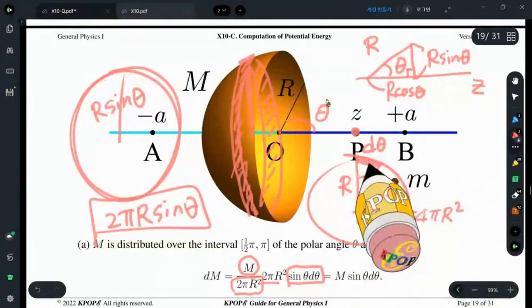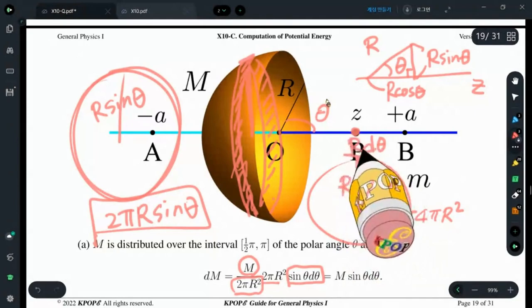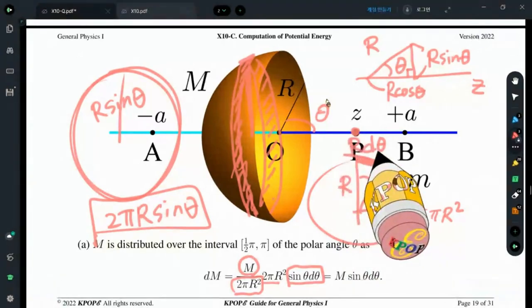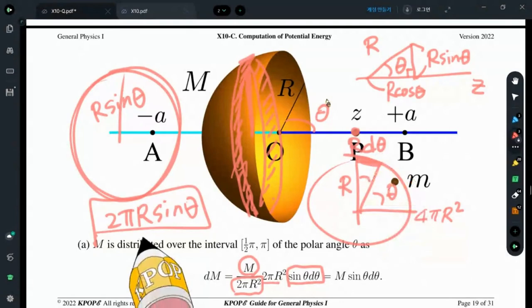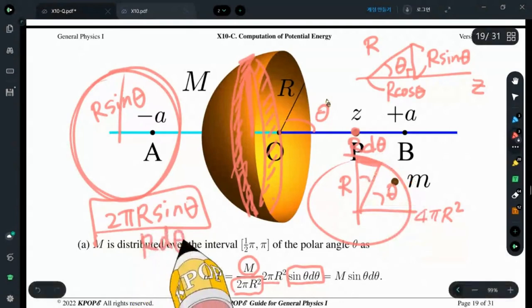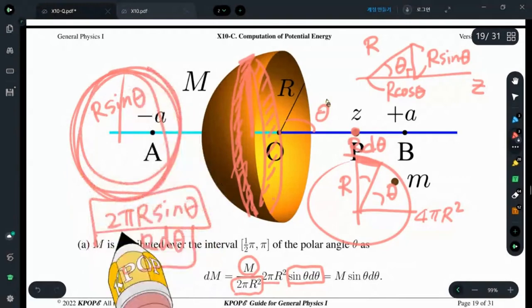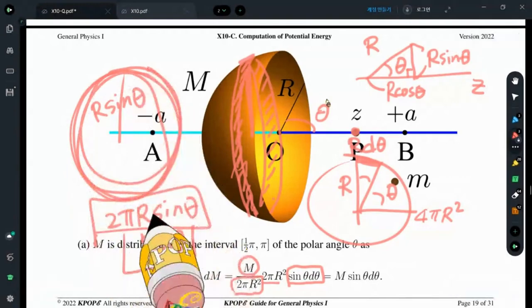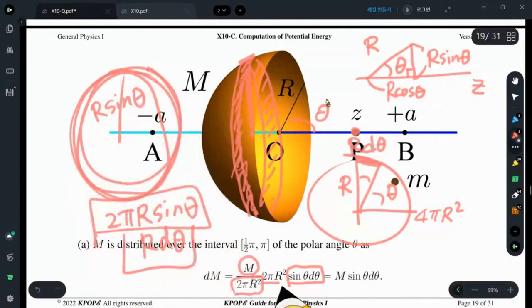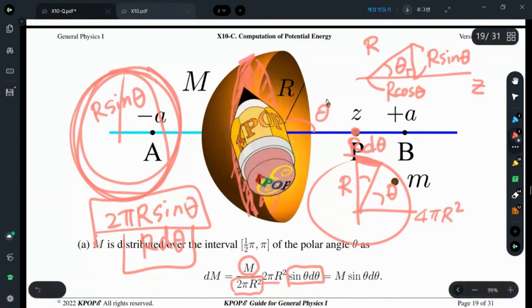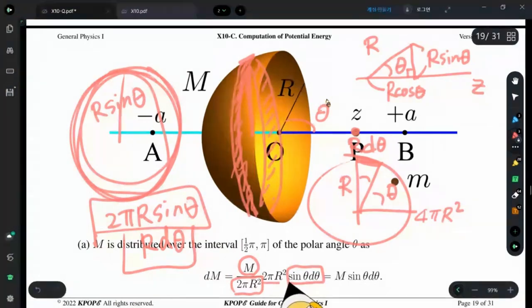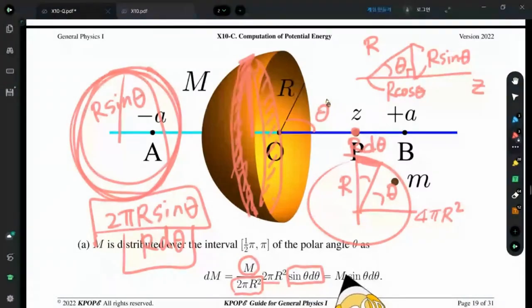Therefore, this width is r times d theta. The width is r d theta, and the circumference is 2 pi r sine theta. If I multiply, then what I get for the area is 2 pi r squared sine theta d theta.